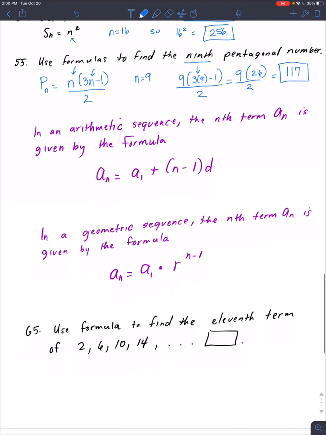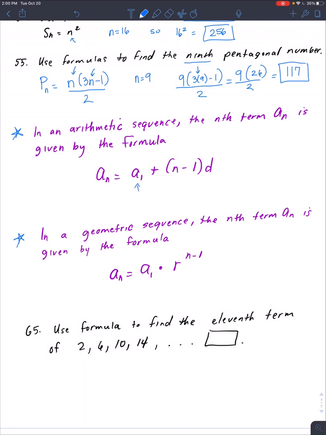Okay, the next thing is, and you want to write these down, an arithmetic sequence in the nth term is given by the formula. So this is a formula you want to write down, and you can have this on a formula card for your test. And this is a formula you may have on a formula card for your test as well.